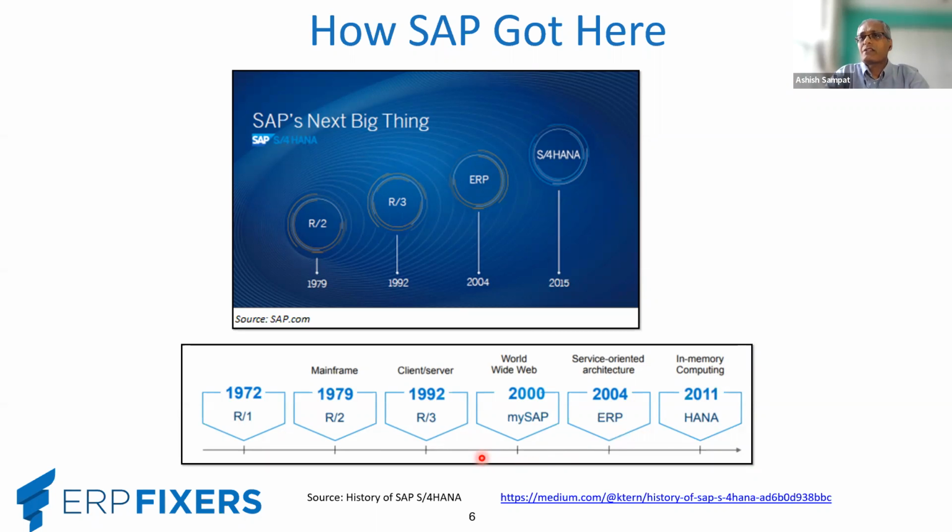To share my experience, I started in 98 when R3 was in vogue. The first version that I worked on was 3.0F. What we call ECC 6 today used to be R3; 3.0F is when I started.